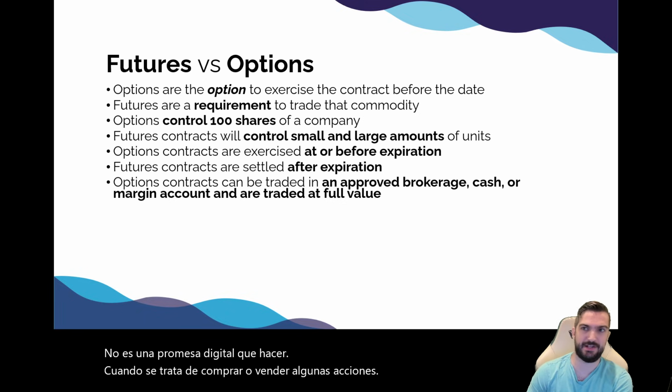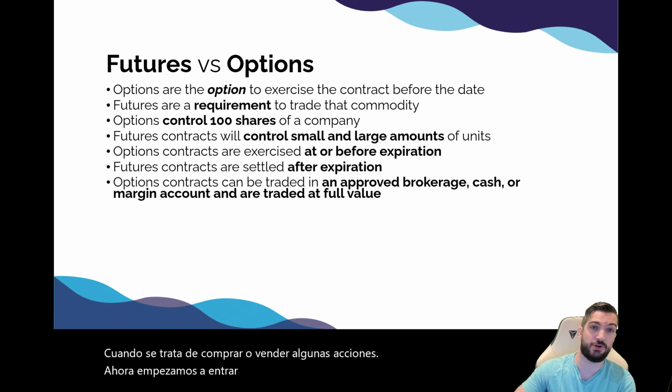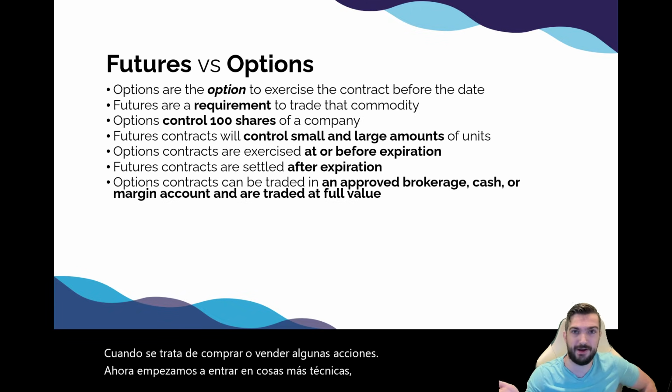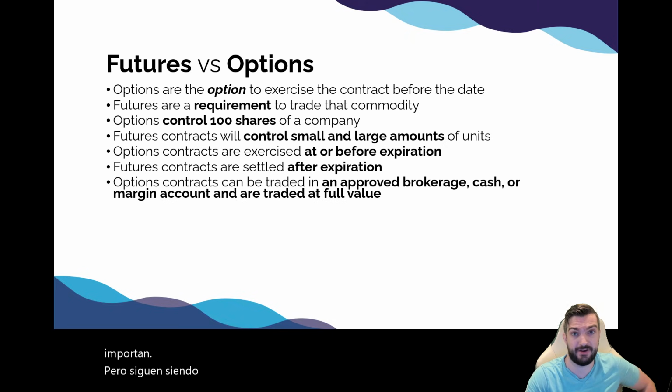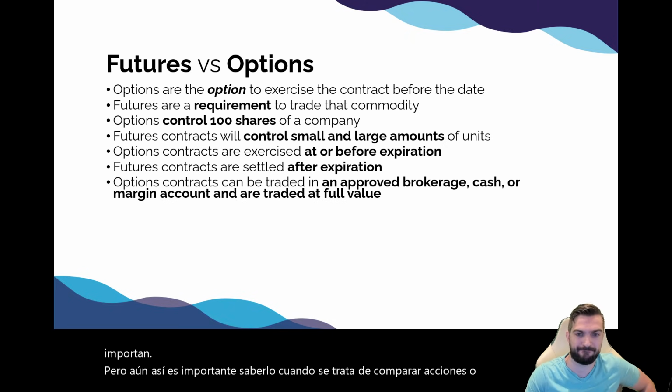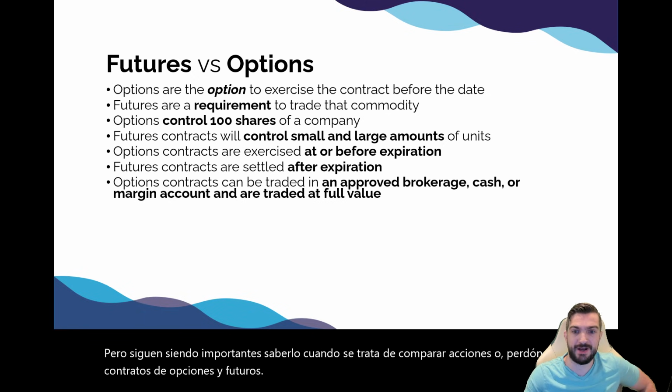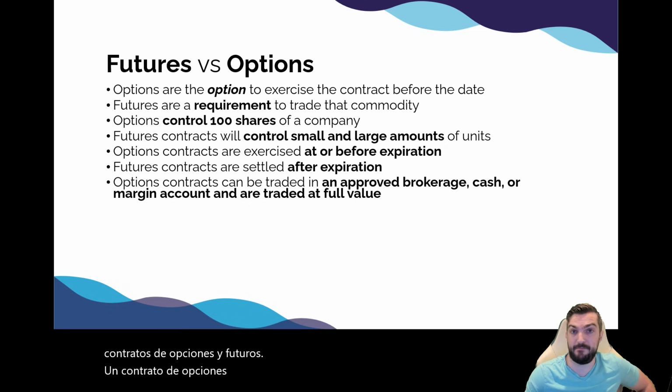Now we start to get into some more of the technical, super complex stuff that most of us don't care about, but are still important to know when it comes to comparing options contracts and futures. An options contract can be traded in many different types of investment accounts, provided you can trade options in there.